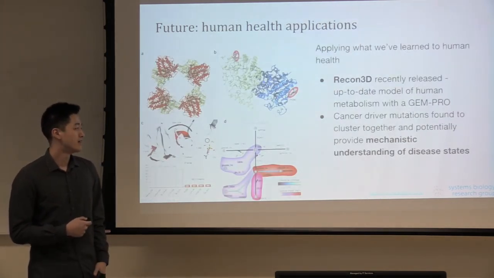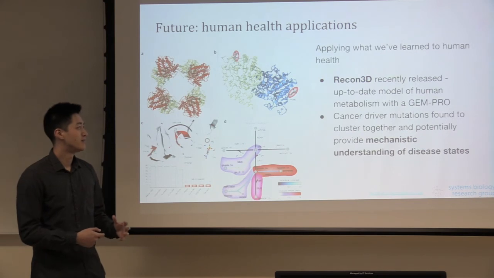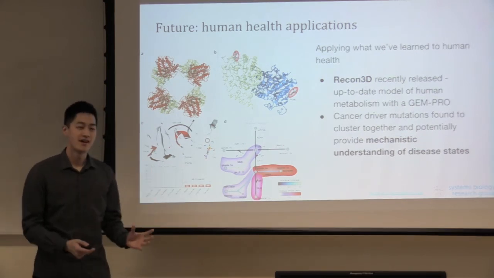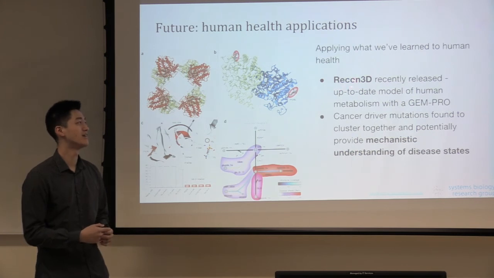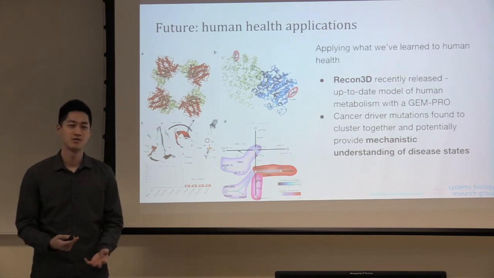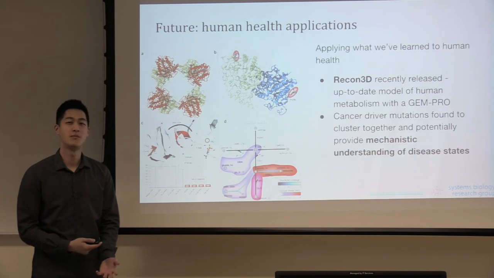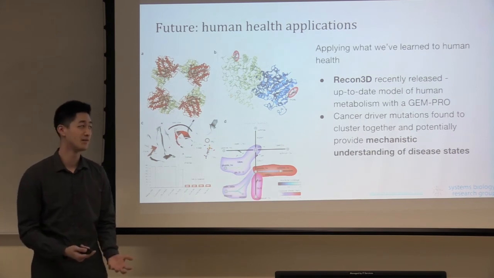Another thing that would be super interesting to look at would be to apply this entire framework to human health. And this recently was done in Recon 3D, which is the most up-to-date metabolic reconstruction of human metabolism.